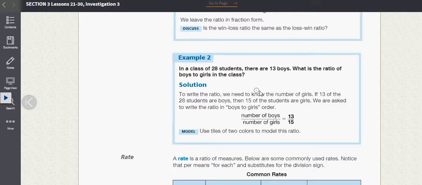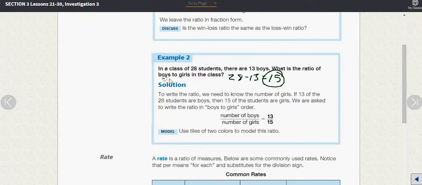But I'm going to tell you, we know there's 15 girls because there are only 2 genders, and 28 minus 13 is 15 left, and unless we're counting animals, those are human girls. 15 girls. So now, what's the order? Boys to girls, 13 to 15. You don't have to label those, notice.